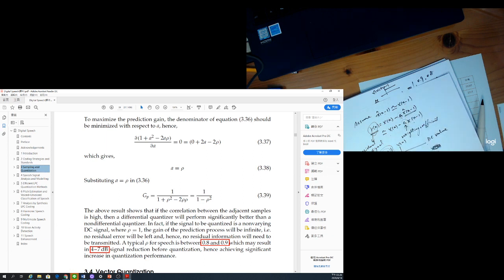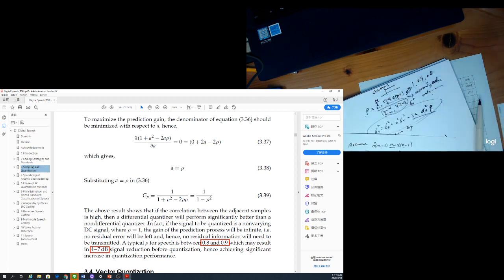If you use previous decoded data to do the prediction, because your neighboring signal has high correlation, you can get a better prediction gain. If the signal is a non-varying DC term, then rho equals 1, the prediction gain will be infinite, no residual error will be left, and no residual information needs to be transmitted.